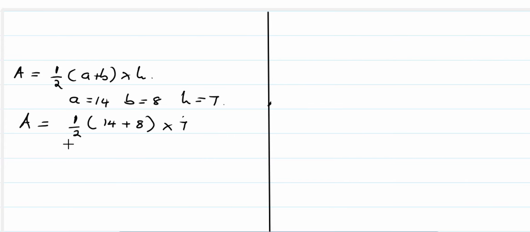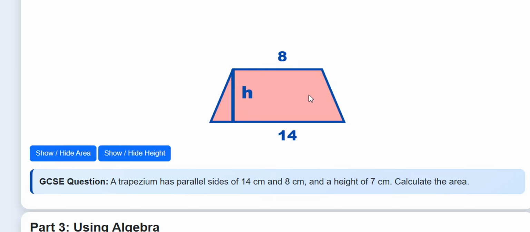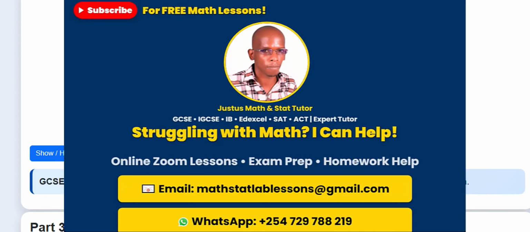So now it will be half into 22 multiplied by 7. This equals, I divide by 2, 22 divided by 2 is 11. Then 11 multiplied by 7 will be 77 centimeters squared, and that becomes the area of this trapezium here. Can we try another example?